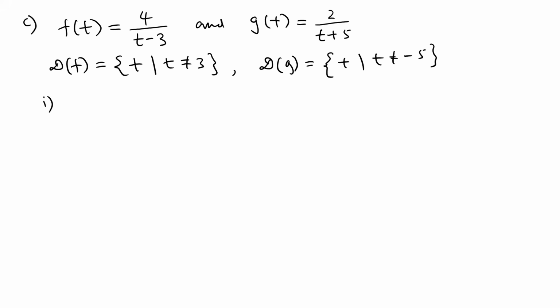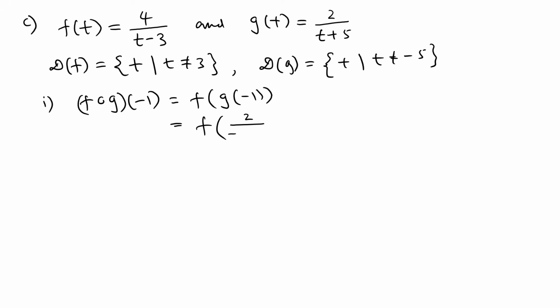So the first part, we can say f circle g of negative 1. So that means f of g of negative 1. So go to the g function and plug in negative 1, it is 2 over negative 1 plus 5, which is f of 1/2.